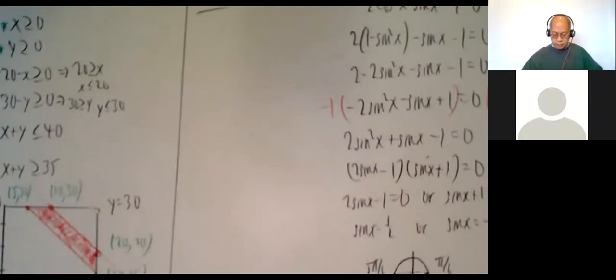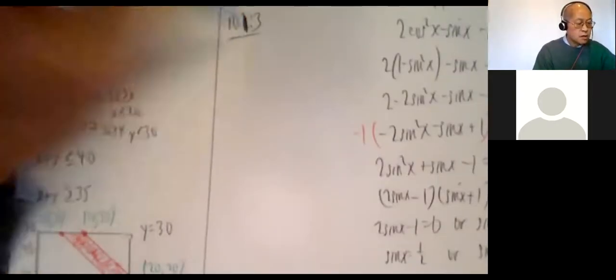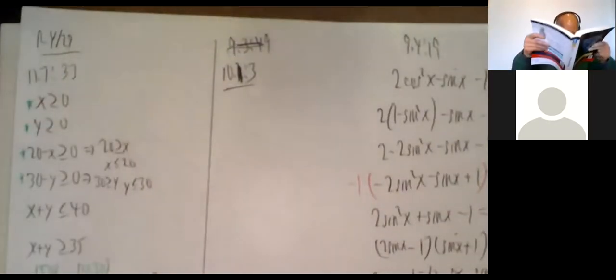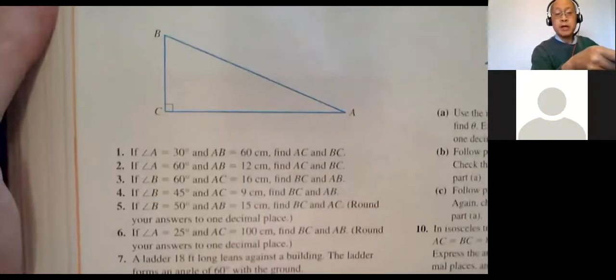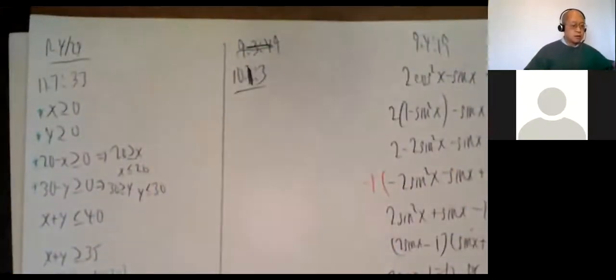Okay, and then 10.1, number 3. Angle B, AC, and so on.